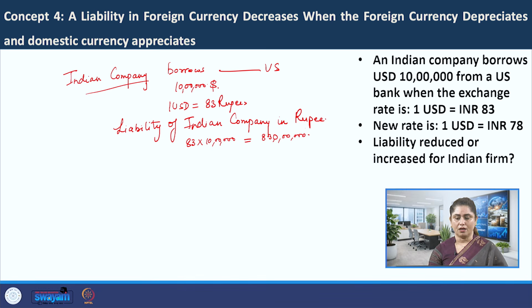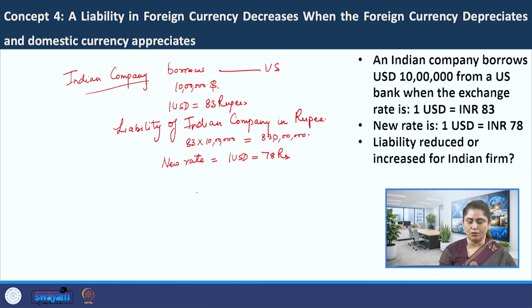30 lakhs. Now, what happens is there is a new rate. The new rate has become 1 USD equal to 78 rupees. Now, if the Indian company has to repay, it will convert its rupees into dollars first and then repay the US lender in dollars.